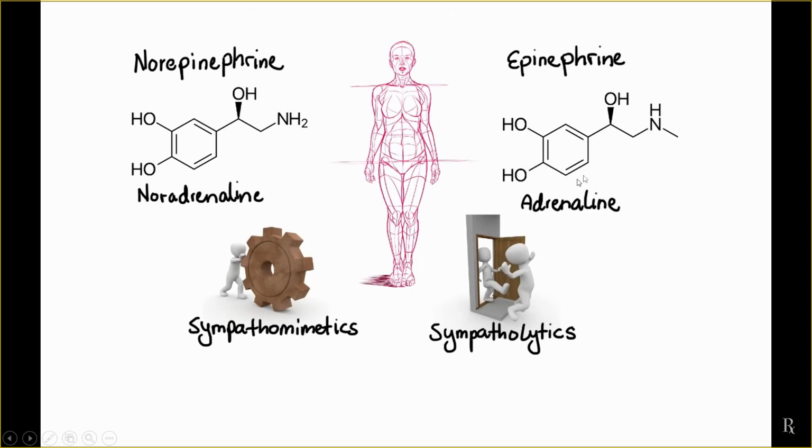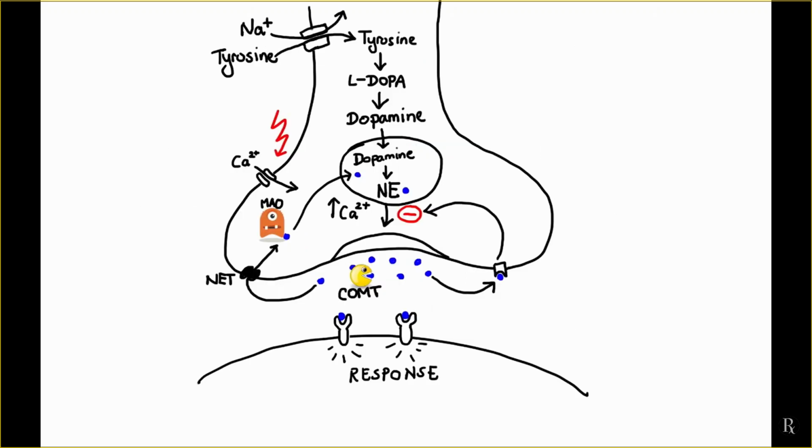So both adrenaline and noradrenaline are non-selective adrenomimetics that activate both alpha and beta adrenergic receptors.